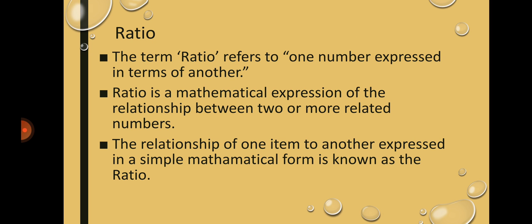The term ratio refers to one number expressed in terms of another. In other words, we can understand ratio as the mathematical expression of the relationship between two or more related numbers, or the relationship of one item to another expressed in a simple mathematical form.